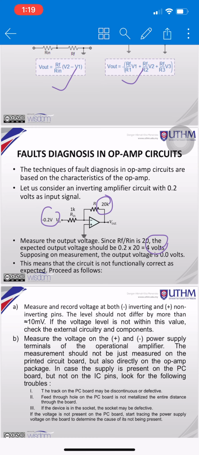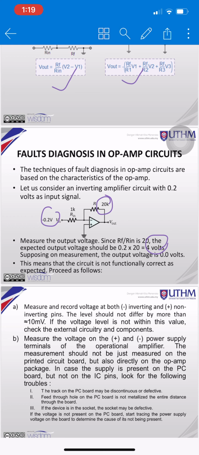But if the power supply on the op-amp is correct, it may be that the output circuit is excessively loaded. It may be recalled that the op-amp can deliver only 1 to 10 milliampere to the load connected at its output.